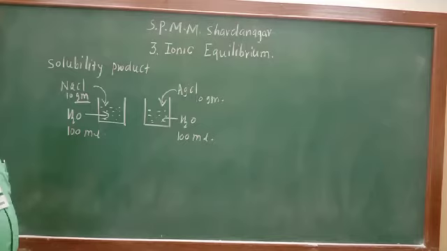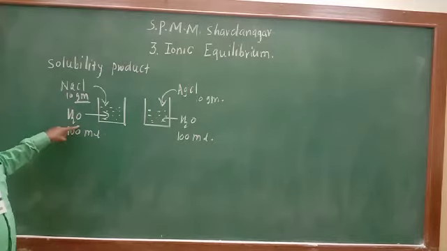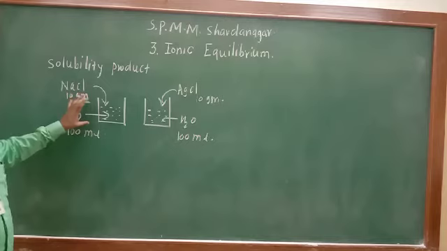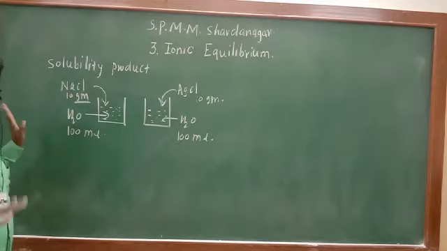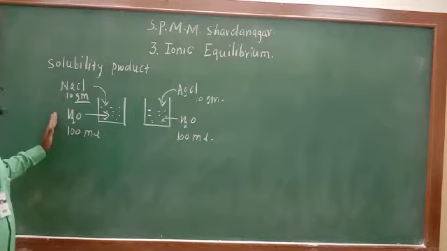Now what happens is that if NaCl is added to water, immediately it undergoes dissolution in the water. It is soluble in water. It gets dissolved in water. Total 10 gram undergoes dissolution. Completely it is dissolved.